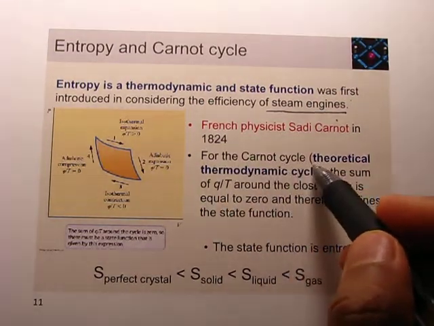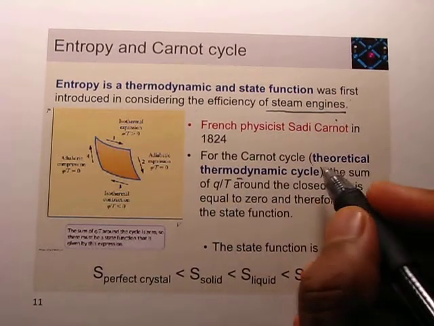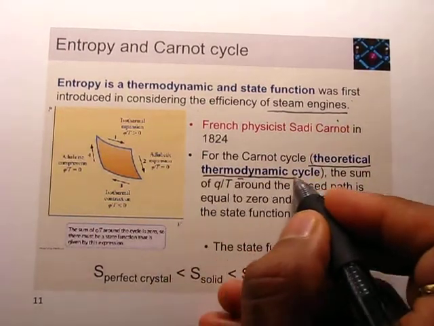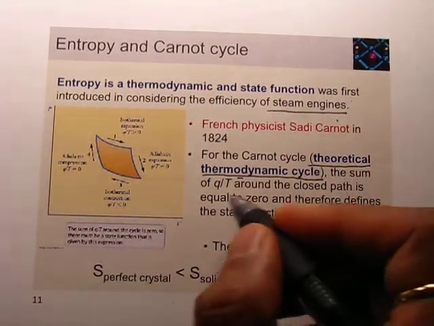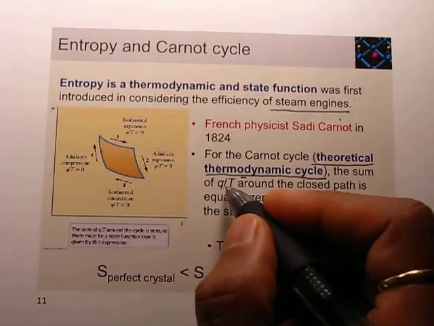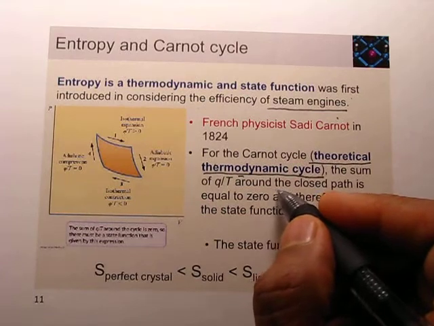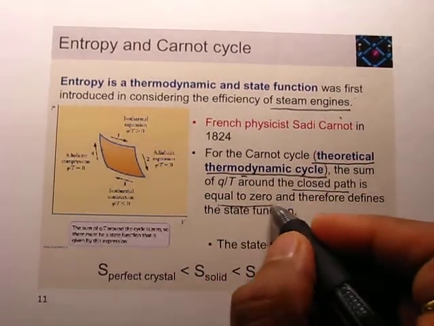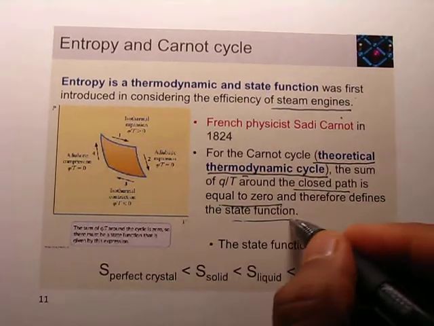For the Carnot cycle, theoretical, what is the Carnot cycle? The Carnot cycle is a theoretical thermodynamic cycle where the sum of the heat over temperature, Q over T, around the closed path is equal to 0 and therefore defined as a state function.